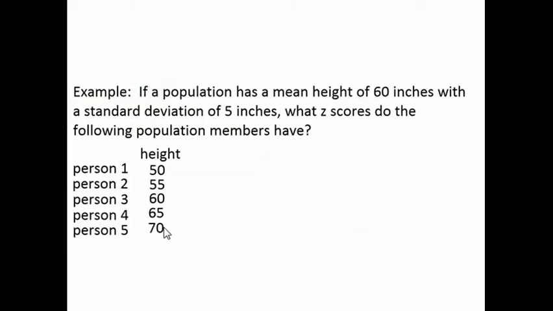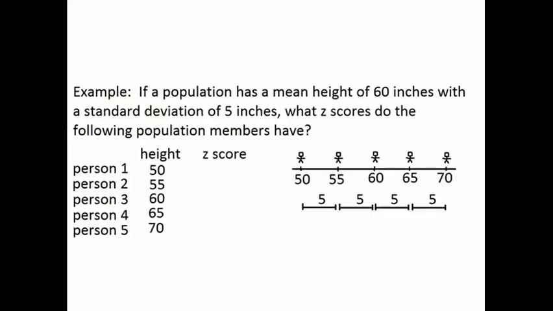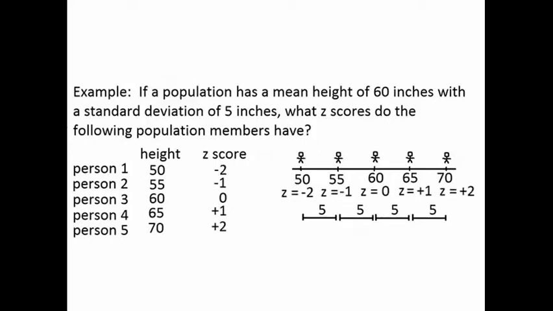So this person is 2 standard deviations above the mean of 60. So this person has a z-score of +2. So we've just found out that these 5 people have z-scores of -2, -1, 0, +1, and +2.